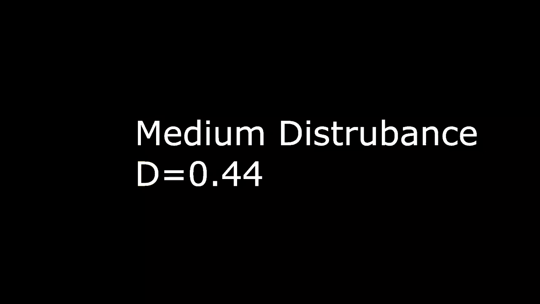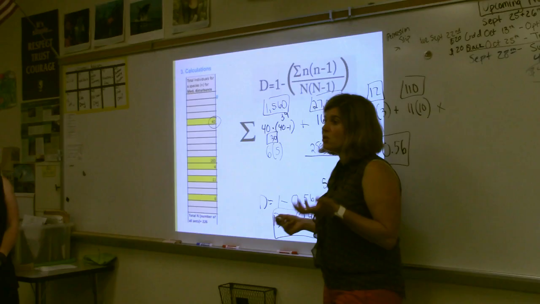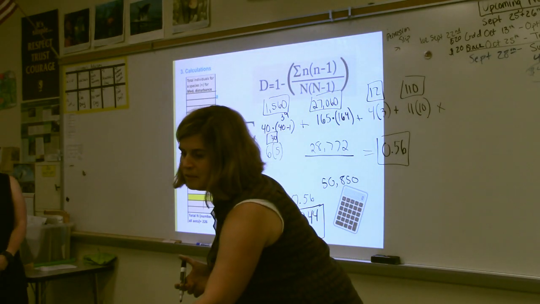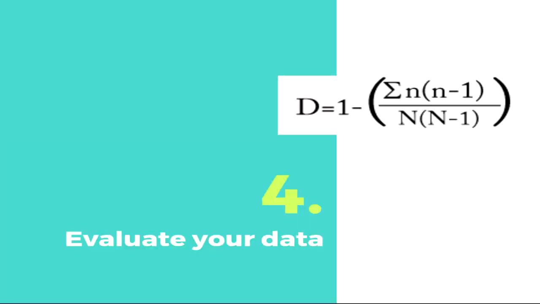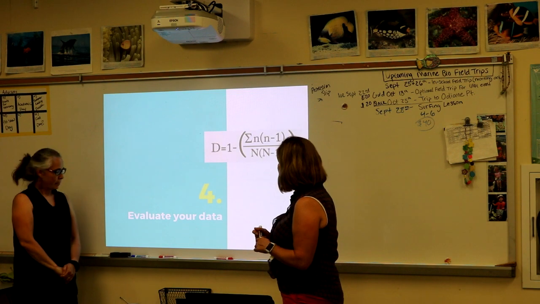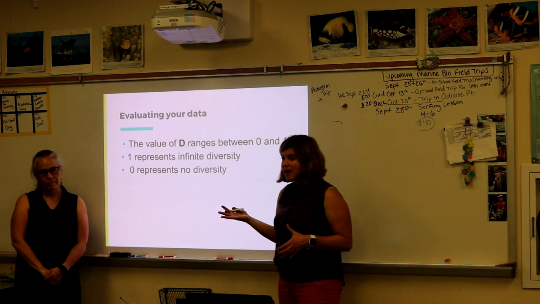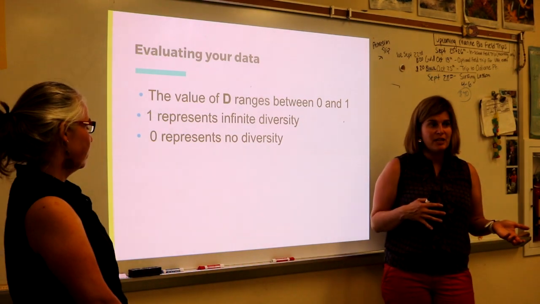So now we have a quantitative measure of how diverse the area is. But what does that number mean? How do we go about interpreting that data? The next step is we have to evaluate the data. Does 0.44 represent high biodiversity or low biodiversity?